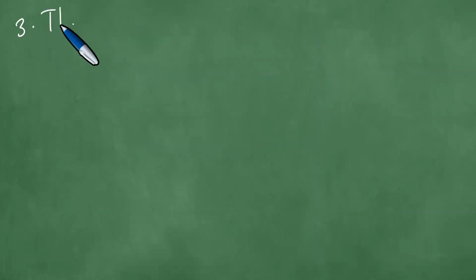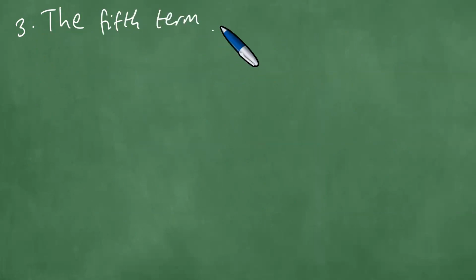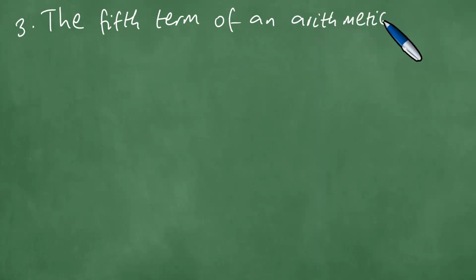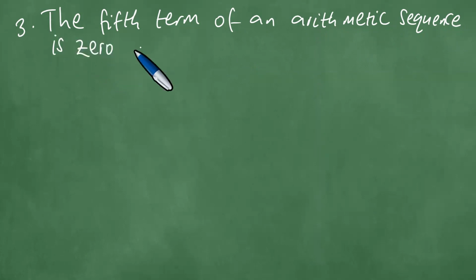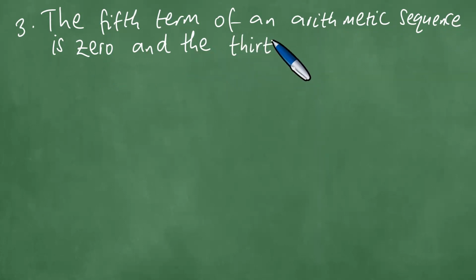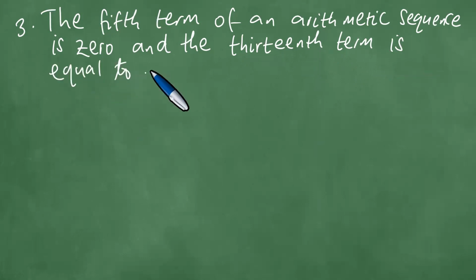the 5th term of an arithmetic sequence is 0 and the 13th term is equal to 12.